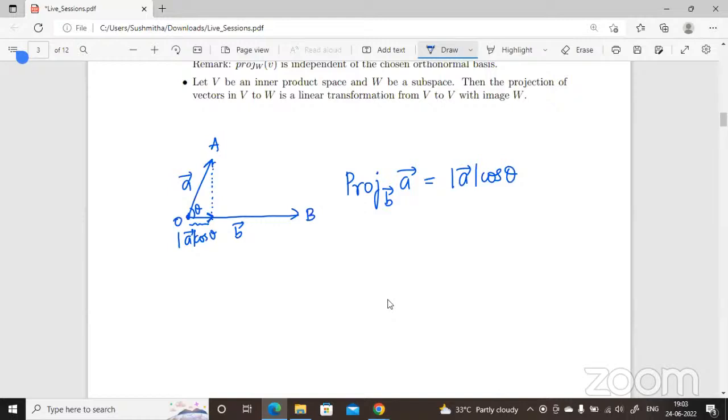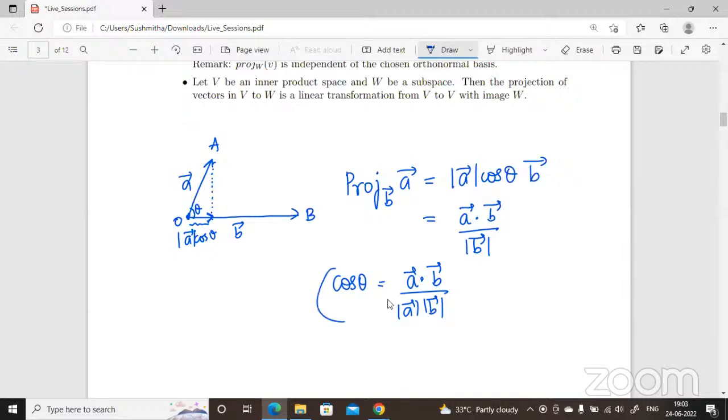This is the length and the direction is the B vector. Agree? So this is nothing but A dot B by mod B. Agreed? Because I know that cos theta is equal to A dot B by mod A mod B.